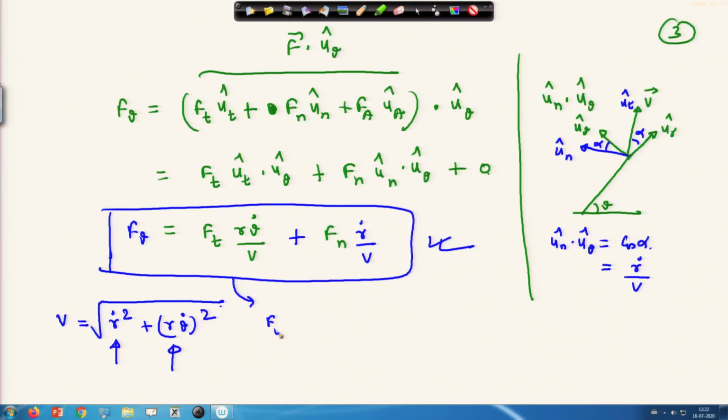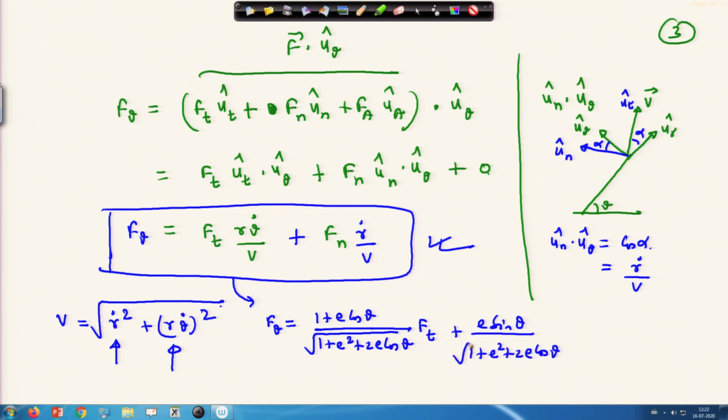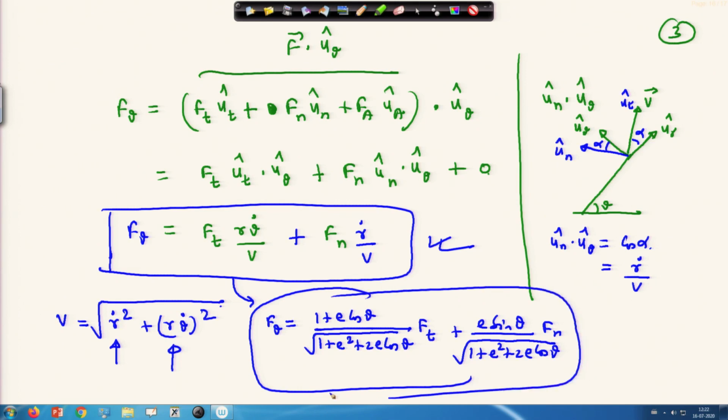Similarly, f theta gets reduced to 1 plus e cos theta. So, this completes the derivation for this particular section.